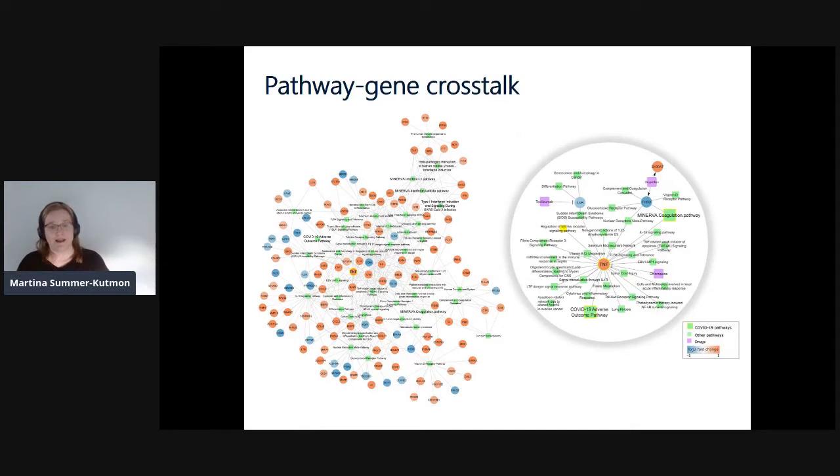There's also a possibility to create this pathway gene crosstalk again. So we see these pathways have a lot of overlap because there's always immune components in there. But it's important to see where the pathways overlap and how they overlap. We also extended these with drug target information from DrugBank, for example.